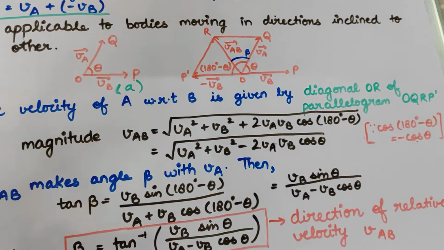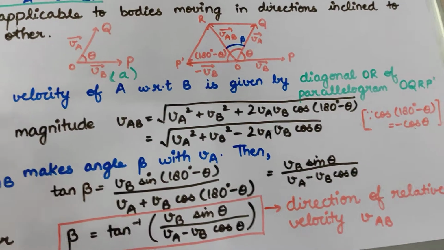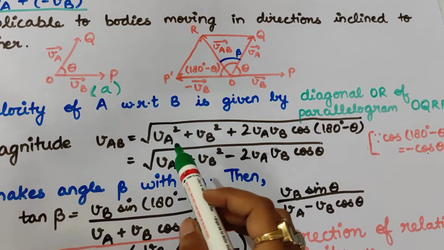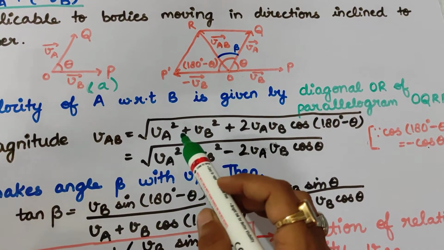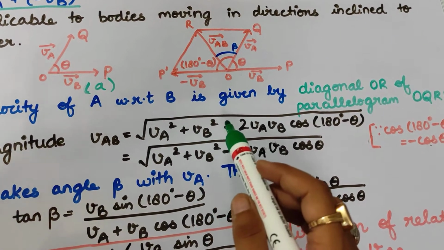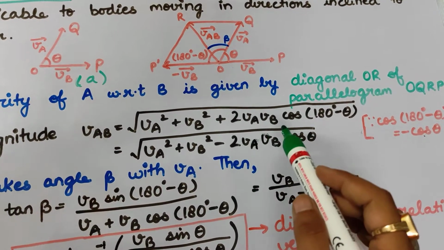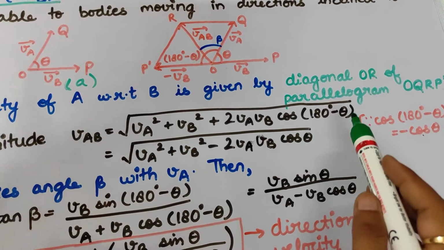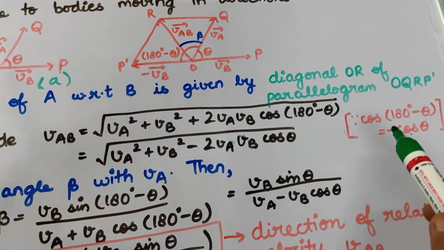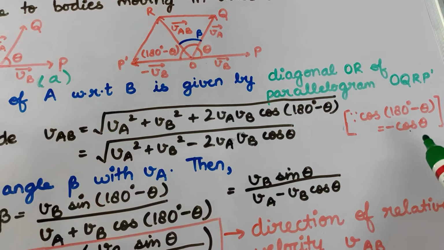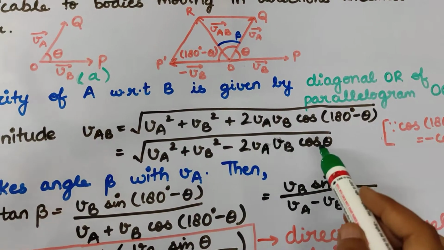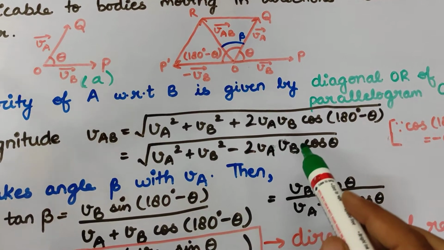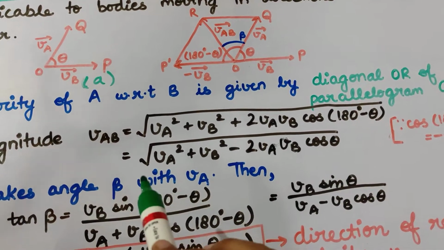Fine. Now how will we find the magnitude of this relative velocity VAB? VAB will be equal to under root of VA square plus VB square plus 2VA VB cos of 180 degree minus theta, and we know that cos of 180 degree minus theta is minus cos theta, so this will be reduced to VA square plus VB square minus 2VA VB cos theta, under root.